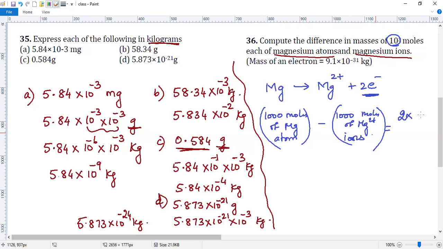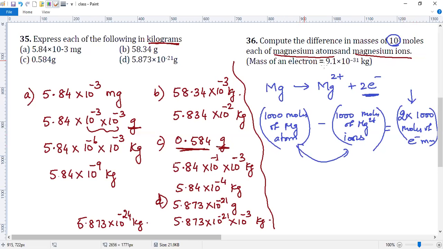Right? So 2 times the mass of 1000 moles of electrons. So what is that you have to calculate? You have to find this difference. It is equal to 2 times the mass of 1000 moles of electron.